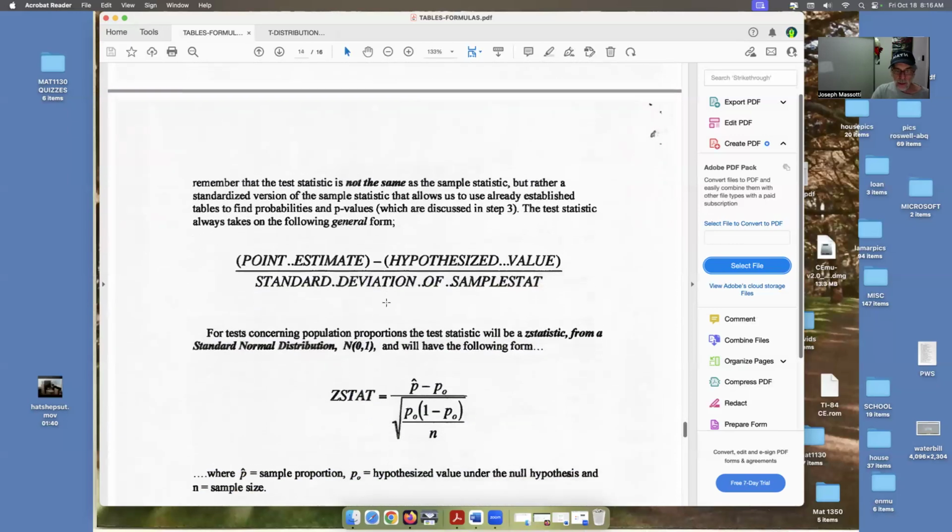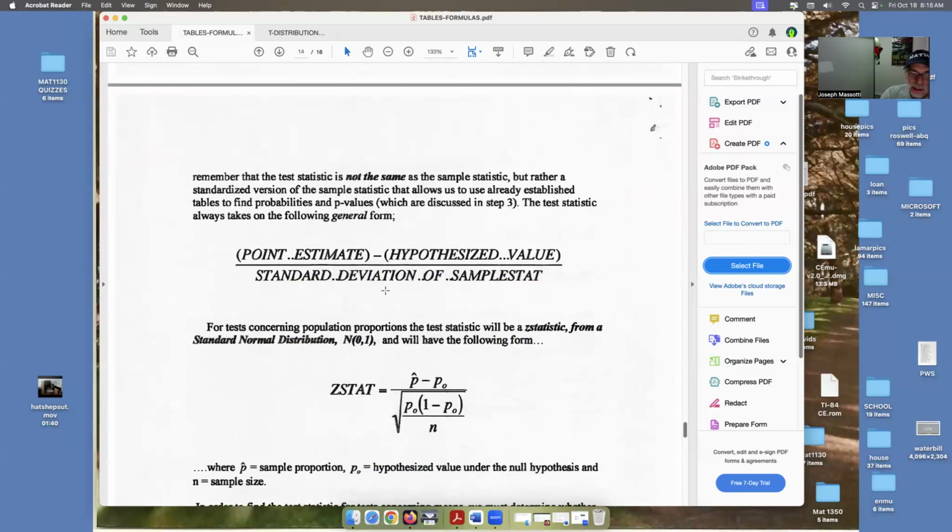So then we create what we call a test statistic. Now, the test statistic is not the same as the sample statistic, but it's rather a standardized version of the sample statistic that allows us to use already established tables, the tables we just looked at, to find out how surprising our result is.